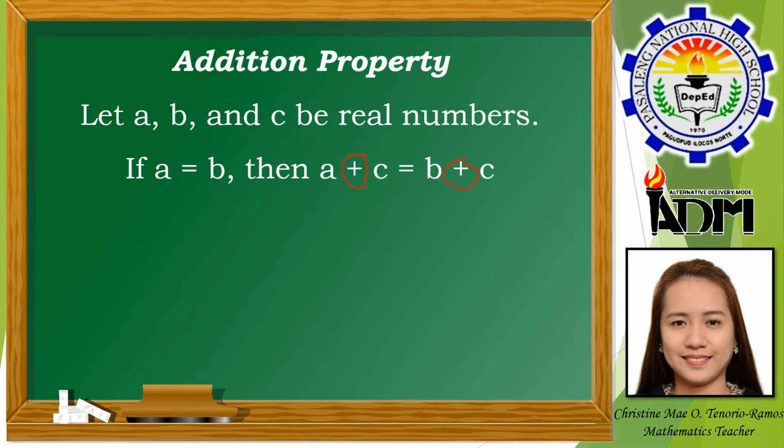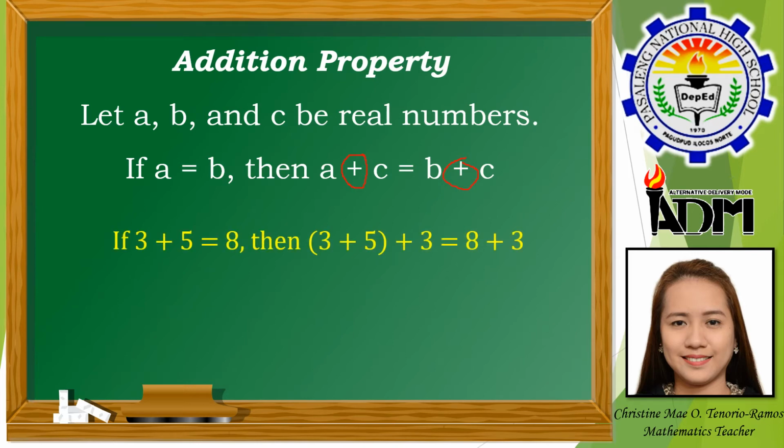So, meron tayong kasabihan, do unto others what you want others do unto you. In mathematics, do unto the left side of the equation the same thing you did at the right side. So, yan. Gagamitin natin sa 4 fundamental operations: addition, subtraction, multiplication, and division. So, let us proceed to the example.